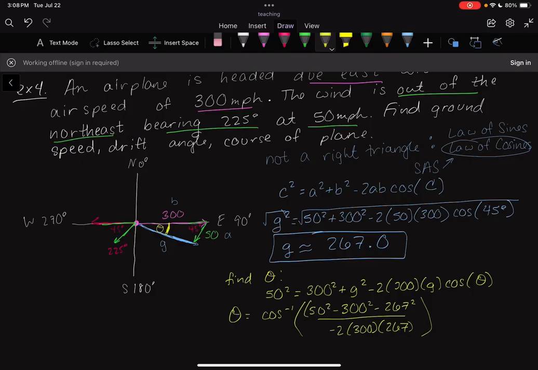And I always put an extra parentheses around the numerator and denominator. I got 7.61 degrees as my drift angle.